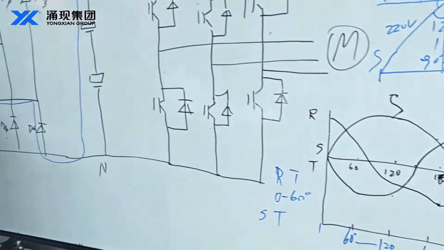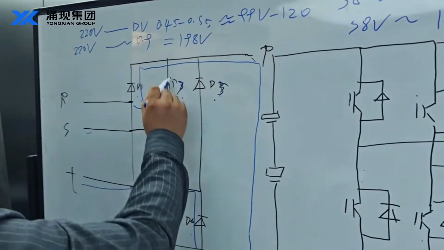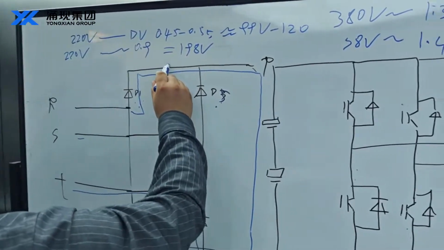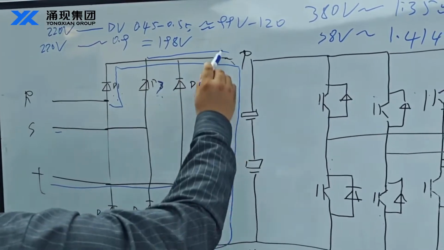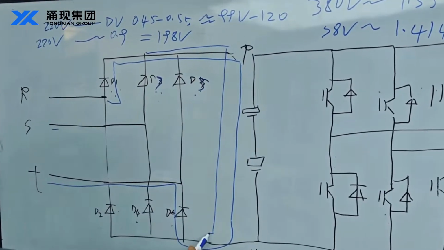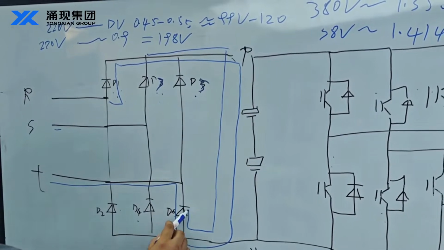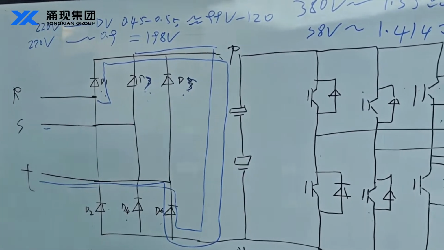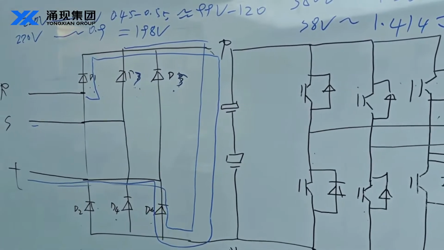So our current flows in through S and D3, passes through the DC bus circuit, and flows out through D6.